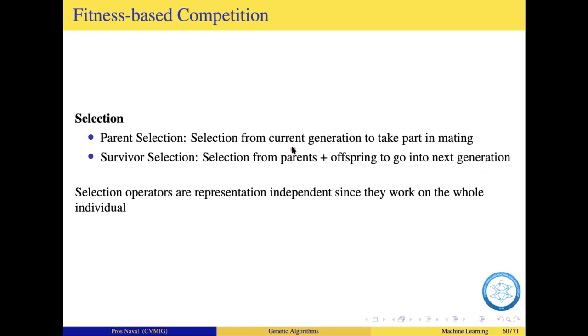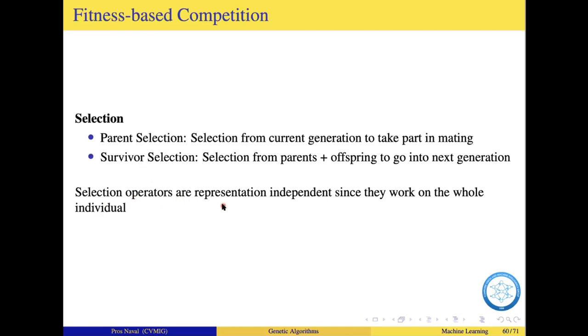For the generational model, you don't include the parents anymore, so all the offsprings will go to the next generation. For the steady state model, just one offspring will go to the next generation, and then one of the parents will not proceed to the next generation. Which one of them? That depends on the survivor selection mechanism.